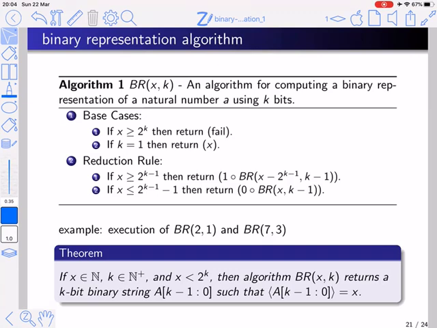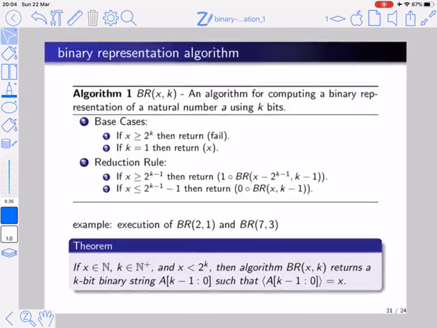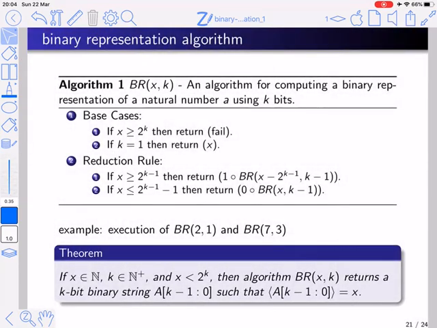The algorithm for computing the binary representation of a natural number x using k bits is a recursive algorithm. The base cases for the recursive algorithm are that x is too big or that k equals 1. So if x is greater than or equal to 2 to the power of k, then we immediately know that x does not have a binary representation using a binary string that has k bits, and therefore we can immediately say fail.